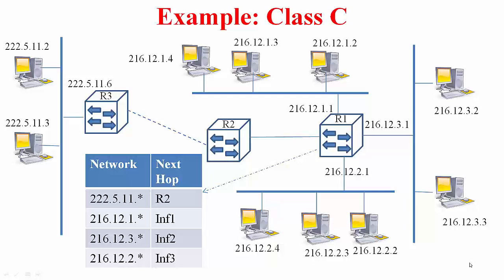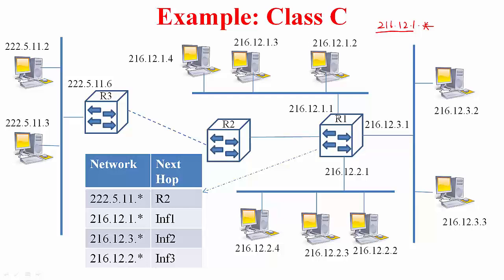So this figure puts together whatever we have learned. We are dealing right now with just class C addresses. As you can see, this network has been allocated the class C address 216.12.1. In other words, all the hosts that belong to this particular network will have the first 3 bytes corresponding to this. The last byte will vary from host to host.